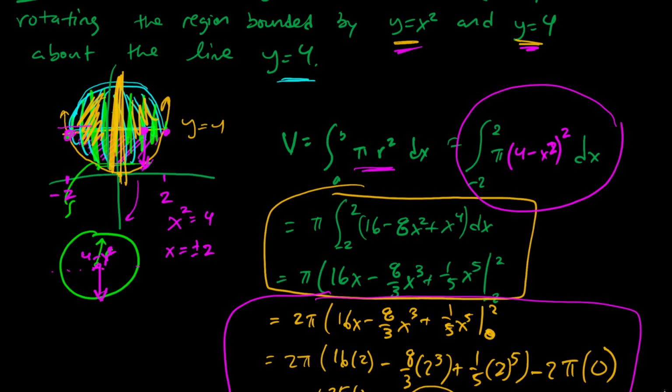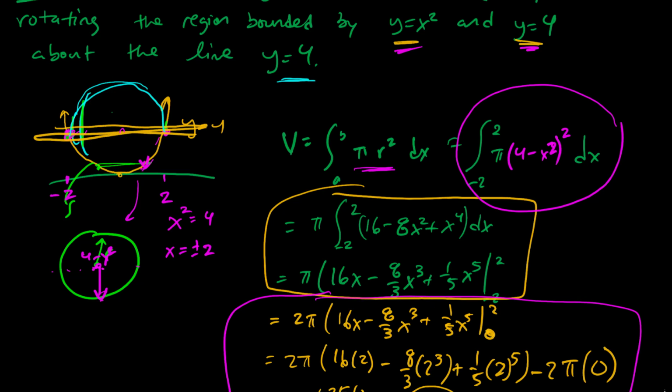In this picture, which is a big mess of color by now, just remember that I started at y equals 4, and I'm going down to the curve y equals x squared. So the radius of each of my slices is 4 minus x squared. So we have pi times 4 minus x squared, quantity squared, dx.